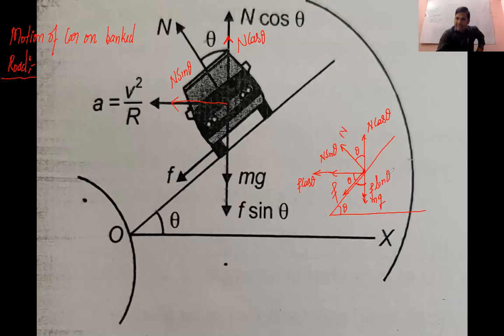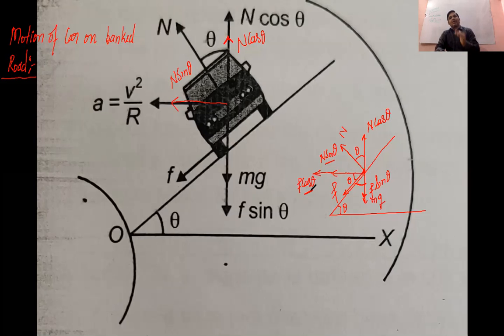So whatever component you are taking, that should be always perpendicular. And one more important thing, dear students, from here you can see these forces, n sin theta and f cos theta, are going to provide the centripetal force.